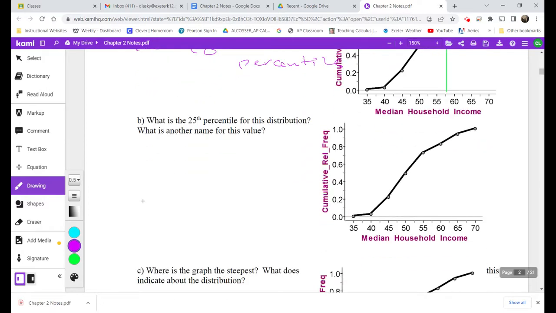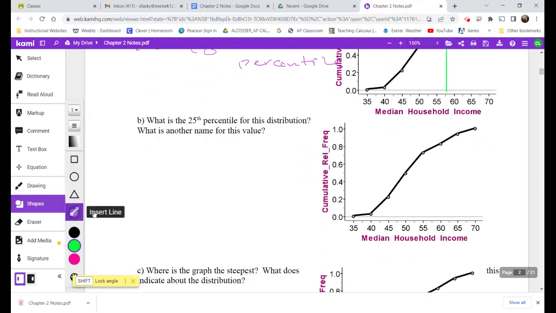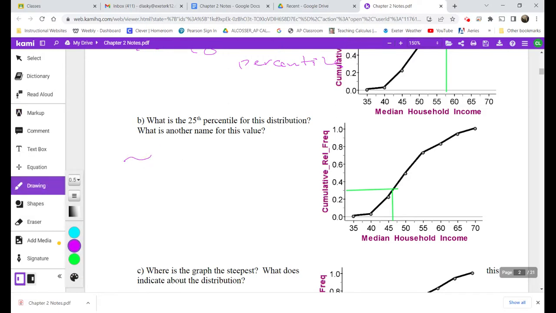So we just keep working around with this. You can work backwards with these guys. So let me go to shapes again. So they want the 25th percentile, 25%, and that 25%, I don't know, maybe 47,000. My line's not straight. So let's just say it's approximately $47,000, right?